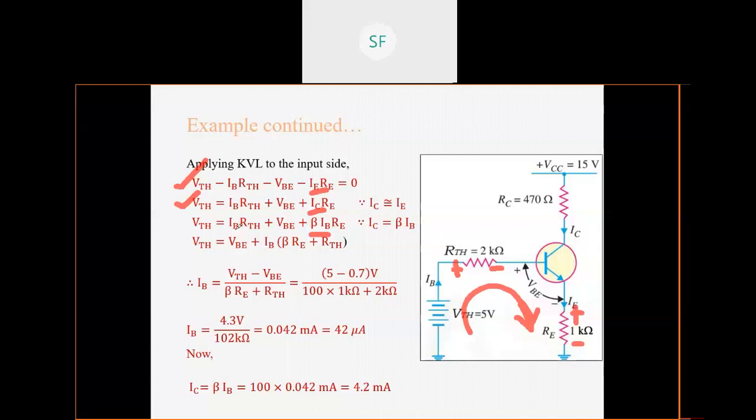Now we will take IB common from both these terms. So the remaining term VB is written here: VTH equals VB plus IB taken as common, and the remaining terms are in brackets. Now I have written this equation in the form of IB because I am interested in the value of IB.